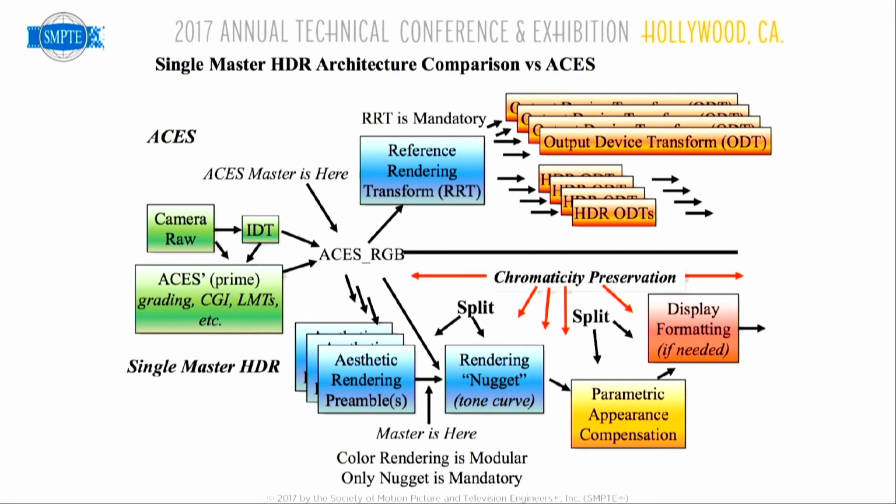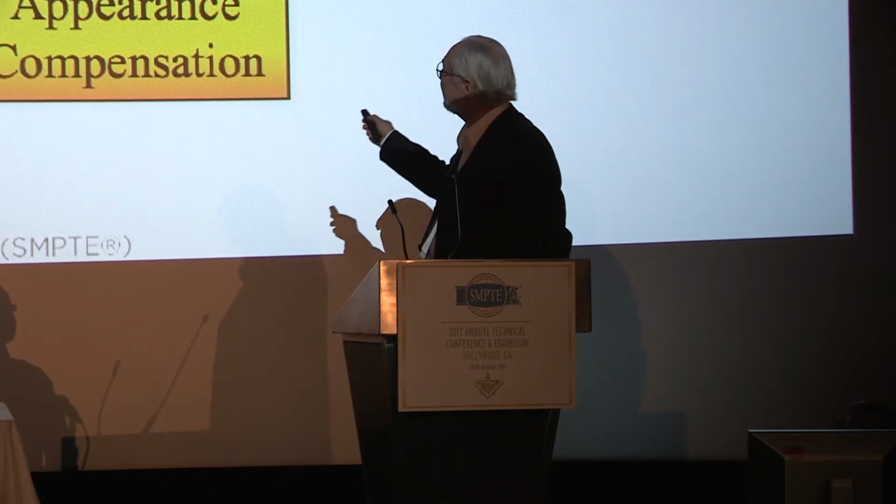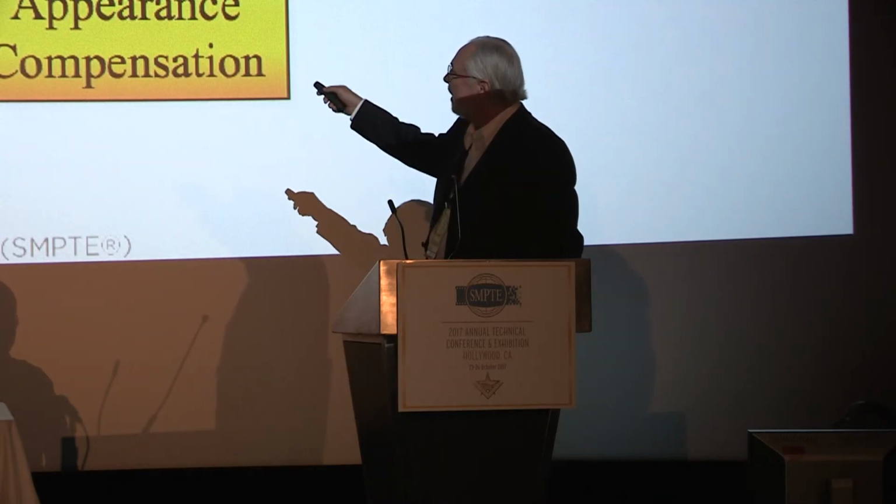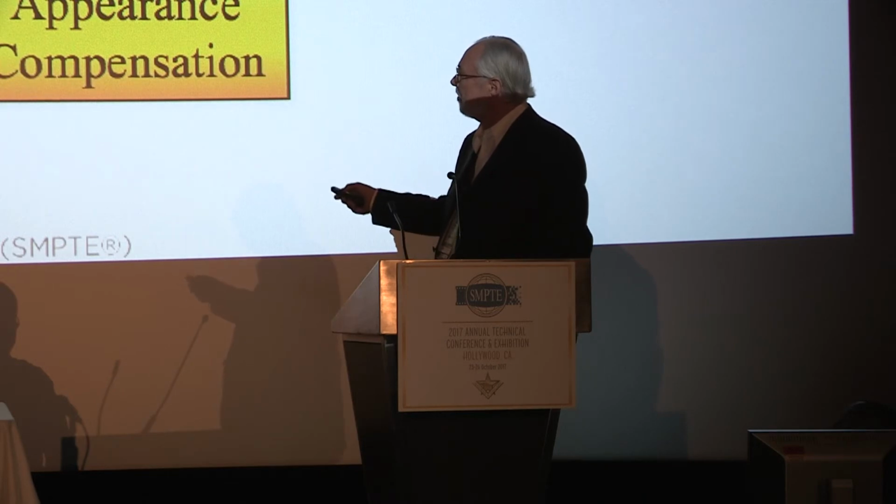So I've had an architecture that I've been working with. Across the top half of this slide is the ACES architecture; I believe every released ACES uses that architecture. And below the central line is a different version of that.